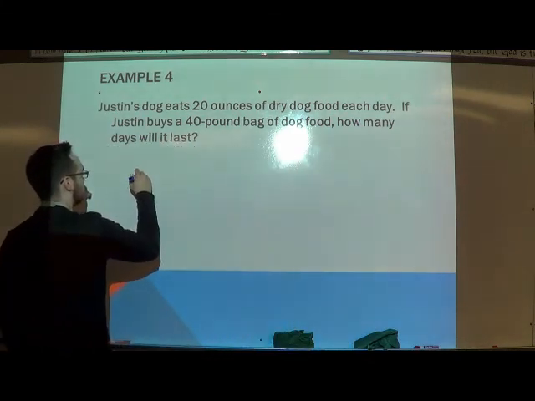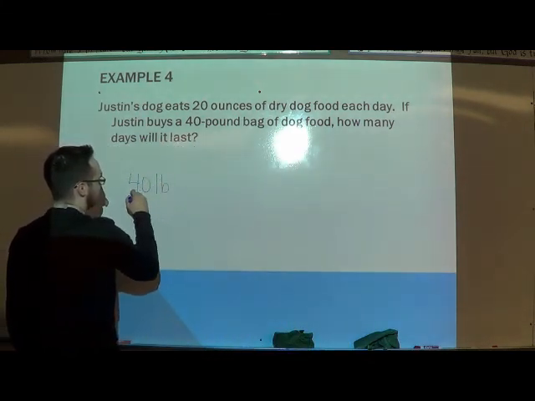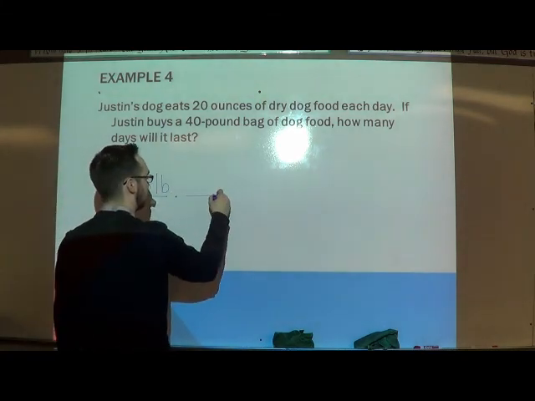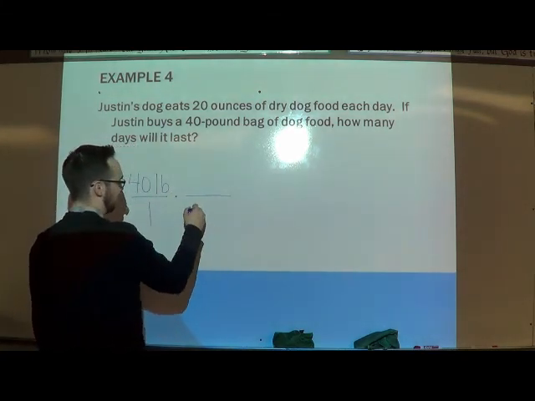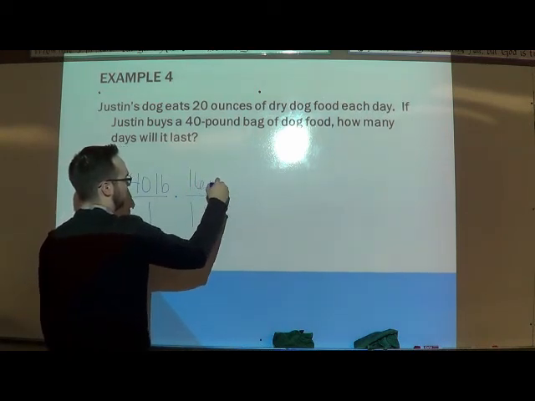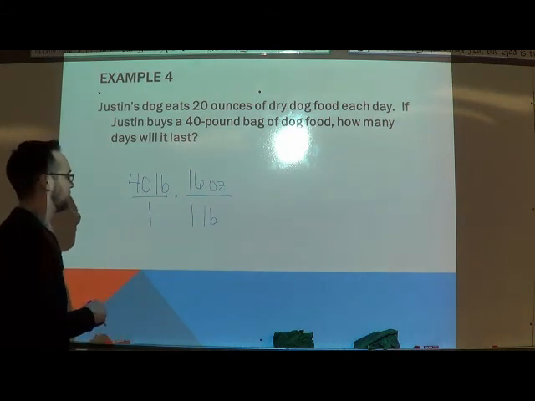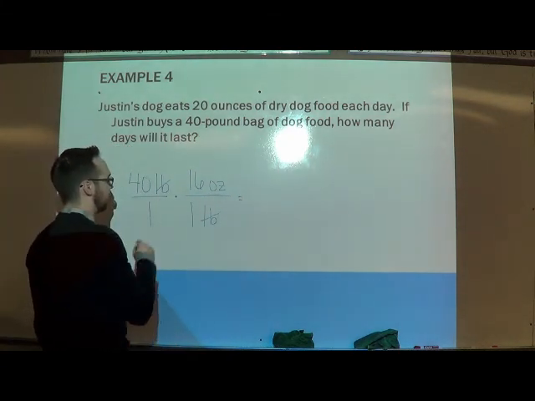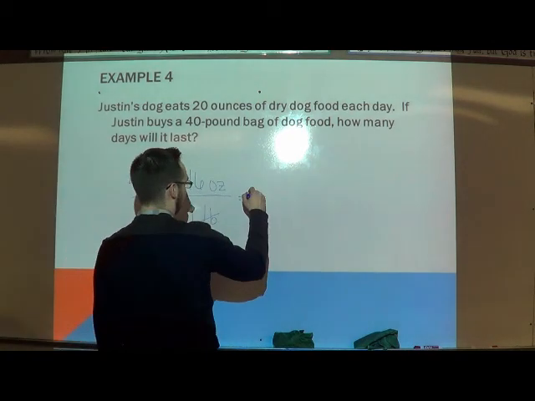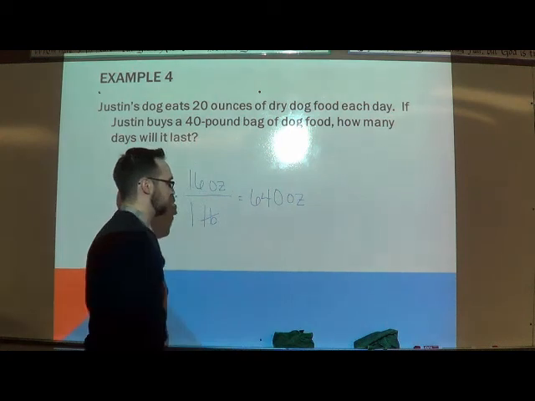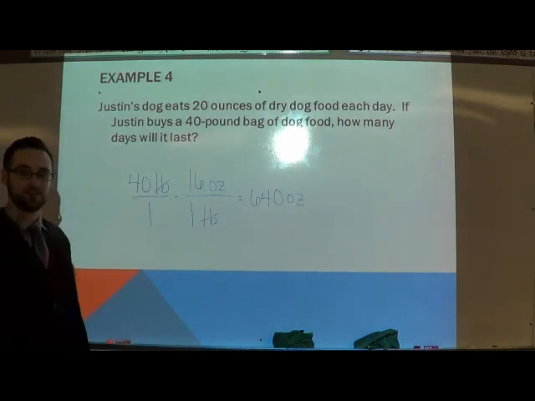So 40 pounds, conversion factor, pounds and ounces. Remember, pound has to be in the bottom. So we have 1 pound, 16 ounces. So the pounds will cancel. And we end up with 40 times 16 is actually going to give us 640 ounces.